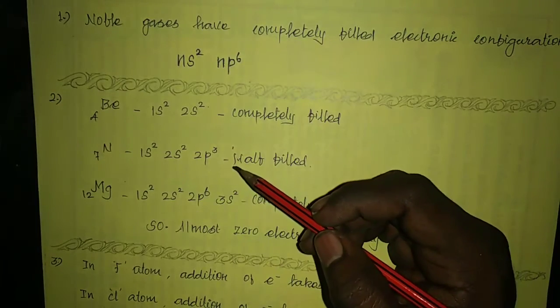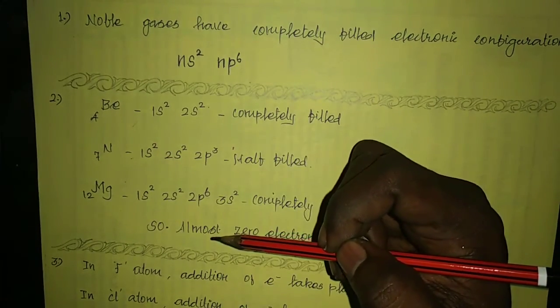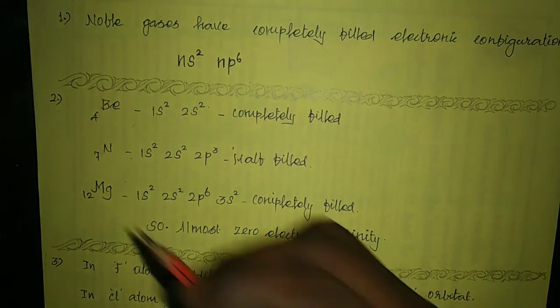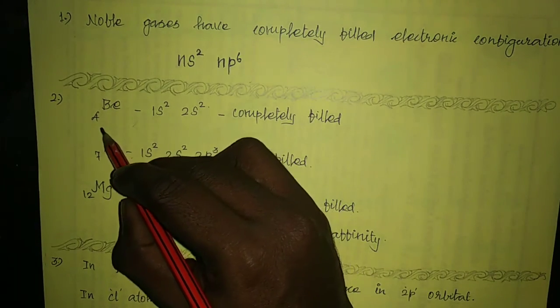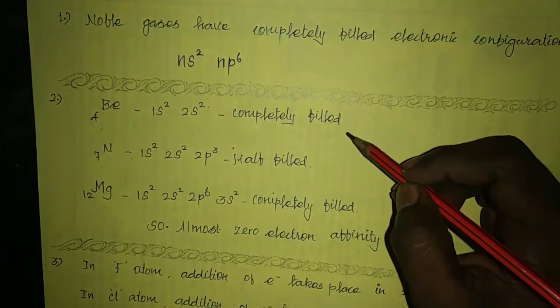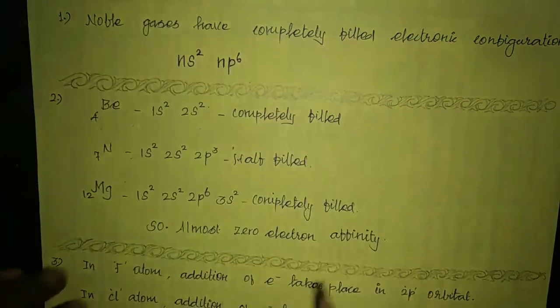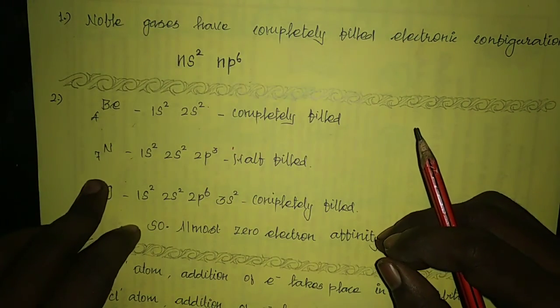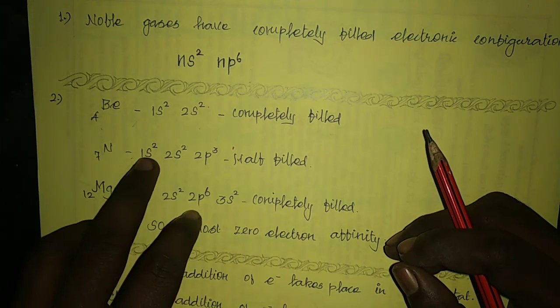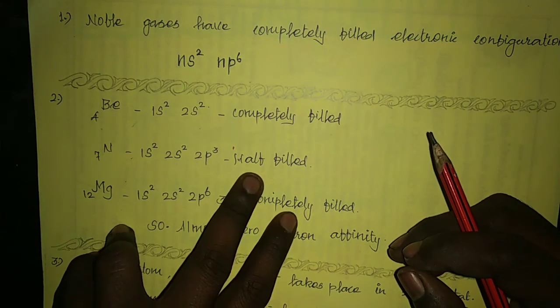Okay. Then second question, the electron affinities of beryllium, nitrogen and magnesium are almost zero. Why? So beryllium's atomic number is 4. Its electronic configuration is 1s2, 2s2. So we can say it has completely filled electronic configuration. Then when we study about nitrogen, its atomic number is 7 and the electronic configuration is 1s2, 2s2, 2p3 and it is a half filled electronic configuration.